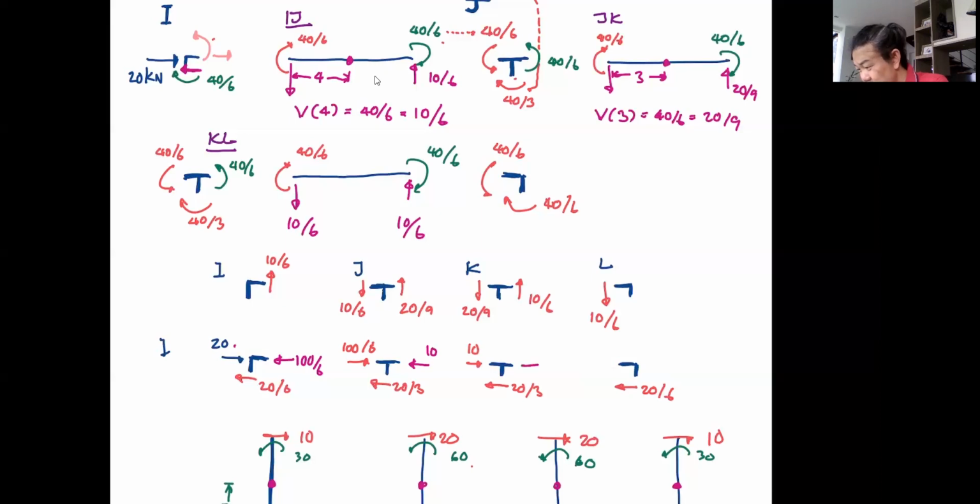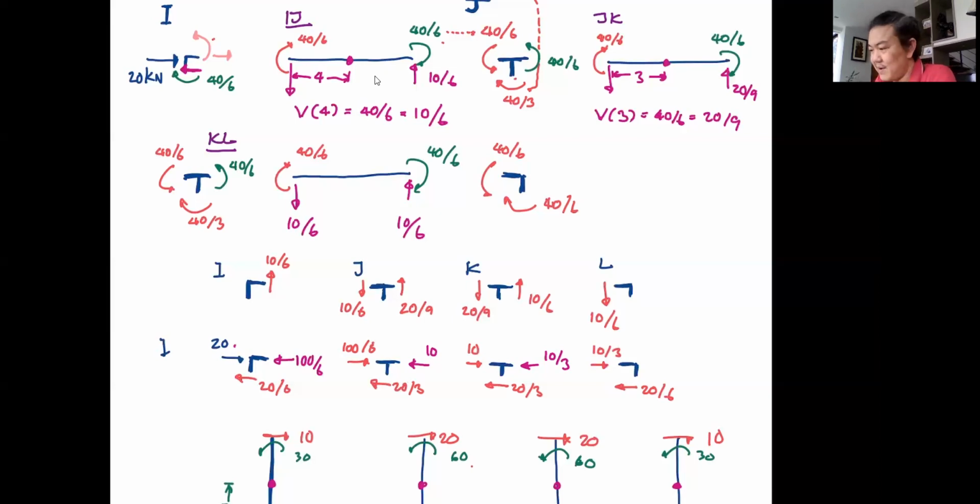That's 30 over 3. That becomes 10 over 3. Oops, sorry, should be orange, right? So that's 10 over 3. And voila, you have it.